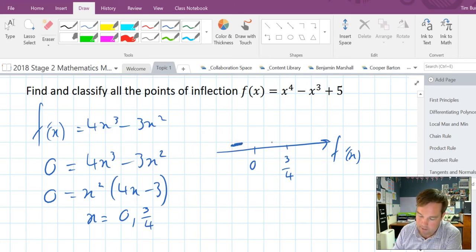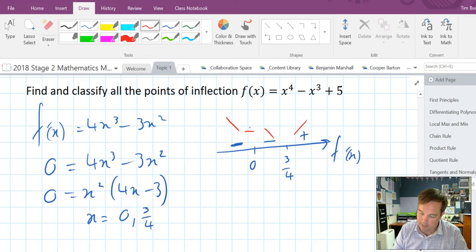If we sub in minus a half, or positive 0.1, it is also going to be negative. If we sub in here, we have a positive. So what we're expecting to happen is to have negative slope flattening out, negative slope, positive slope.